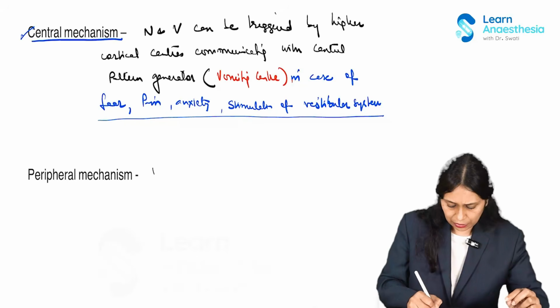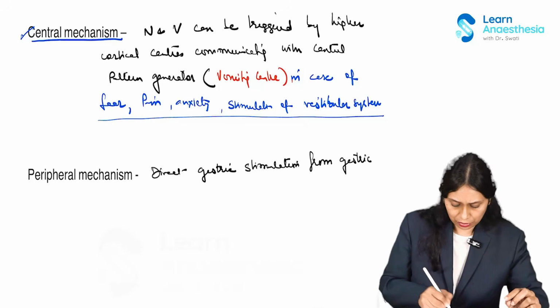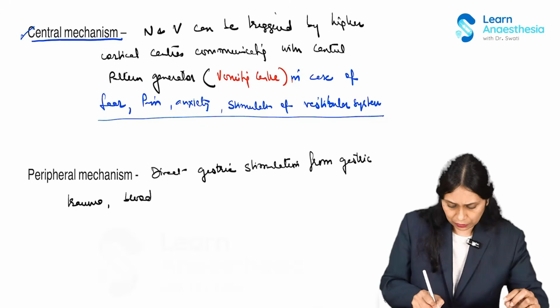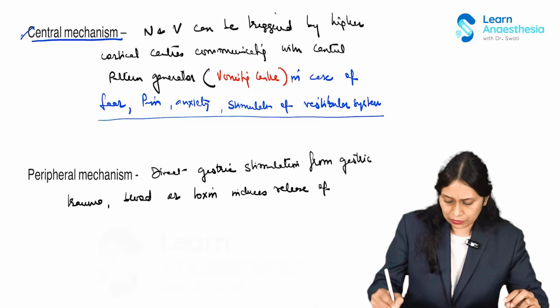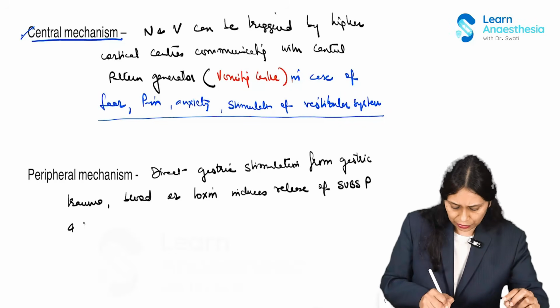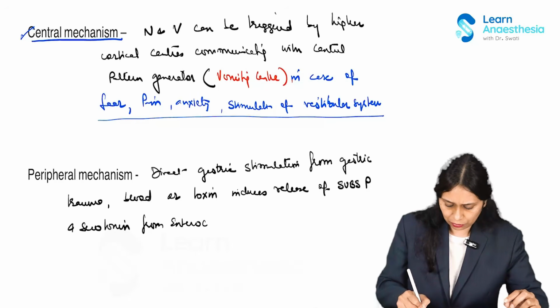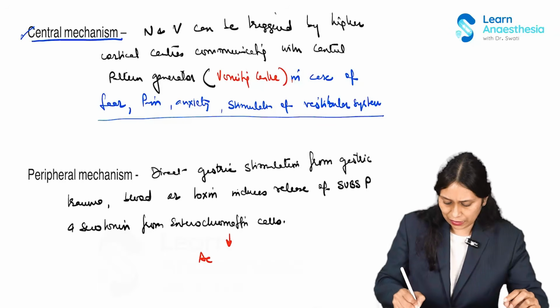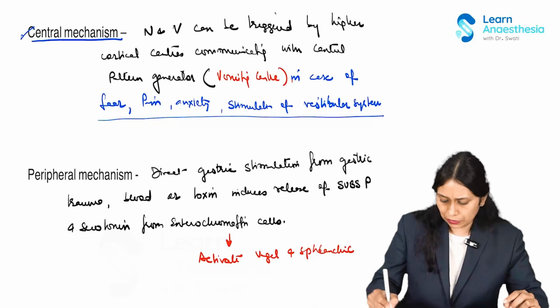So direct gastric stimulation from gastric trauma, blood or toxin induces release of substance P and serotonin from enterochromaffin cells, and this activates the vagal and splanchnic nerve through 5-HT3 receptor. So through 5-HT3 receptor.